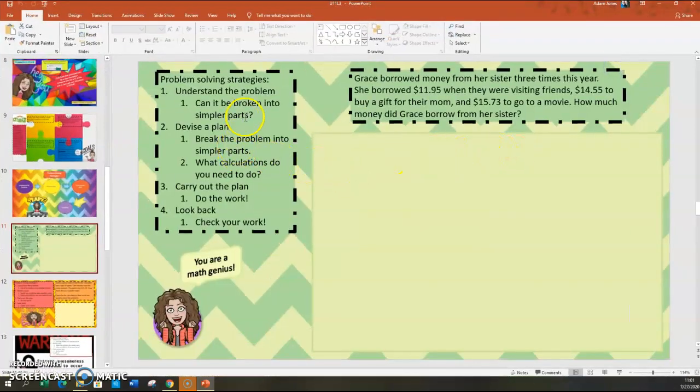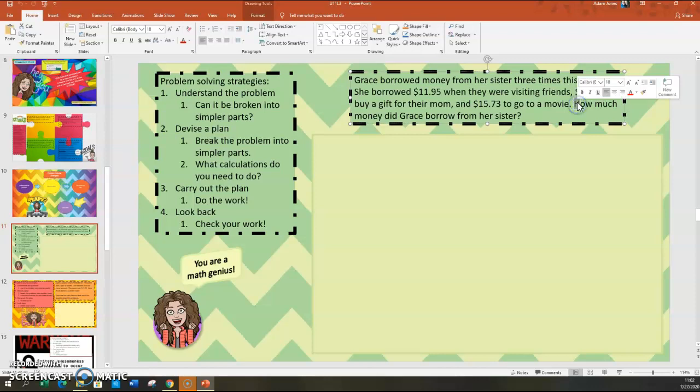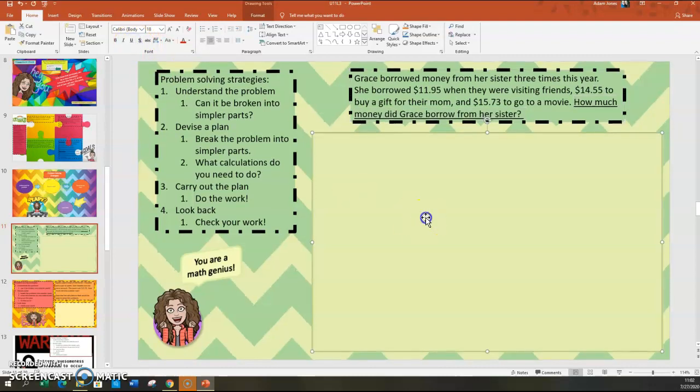So let's understand the problem. Can we break it into smaller parts? The question says, how much money did Grace borrow from her sister? Okay, so we need to figure that out first. So we need to break this into those smaller parts.